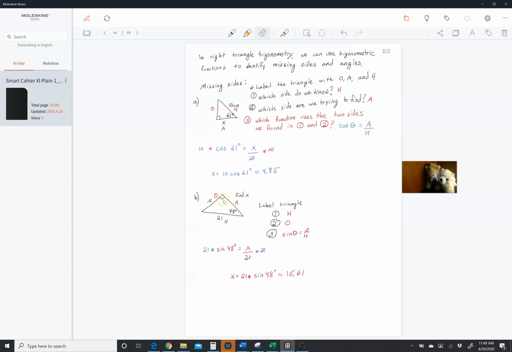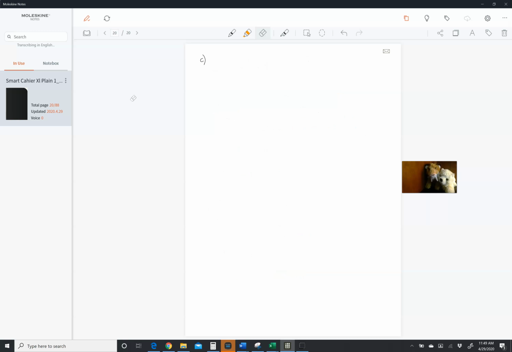Okay, let's take another one. Again, we're going to find X. Notice in all of these, we're finding missing sides. This is 22 degrees.